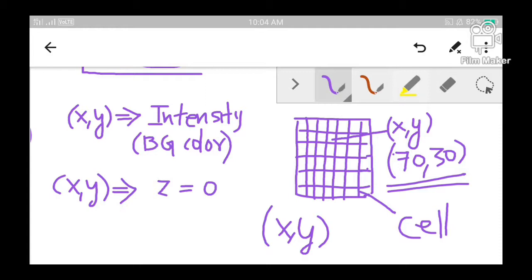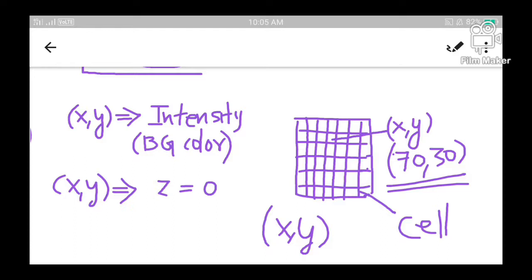So for every cell on the screen, so for every pixel on the screen, for each pixel we have to calculate the intensity values. What is this intensity? Intensity means the color. Which color is to be plotted in which pixel? Initially we do not know which color is to be plotted in each pixel. So what do we do?